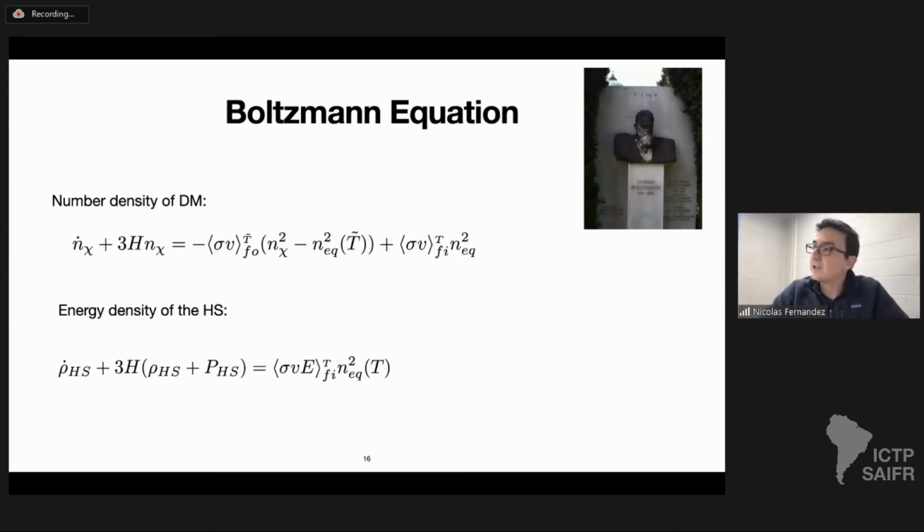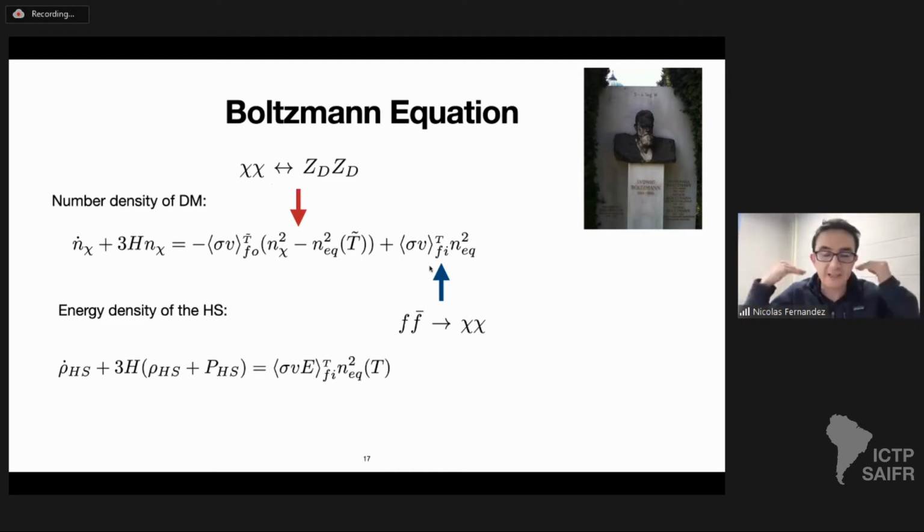Let me explain a little bit more about the Boltzmann equation. This term is just the usual freeze-in case. If I'm just solving this for vanilla freeze-in, this term will never exist.